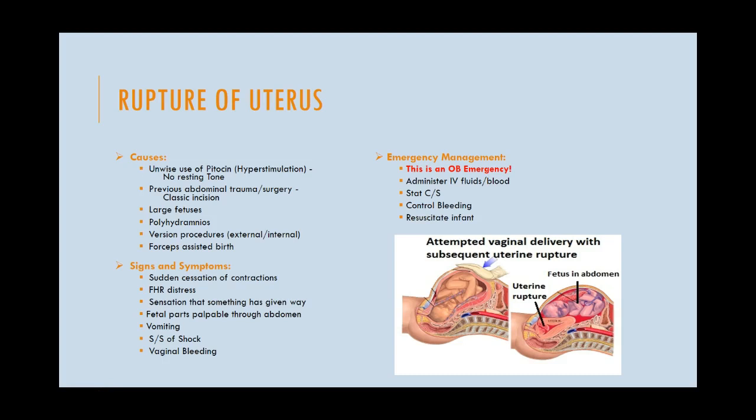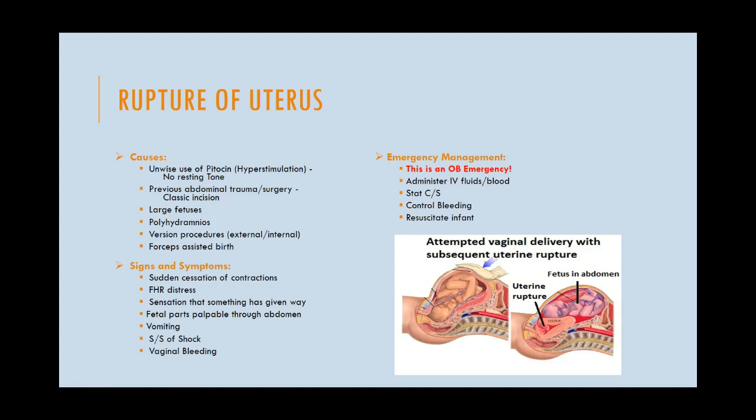People that have had a previous abdominal surgery, specifically a C-section with a classical incision in the uterine wall, those people are at a bigger risk for rupture of uterus, because that scar tissue is not as strong as muscle. And once it's put under the stress of contractions, it can actually cause it to bust open.